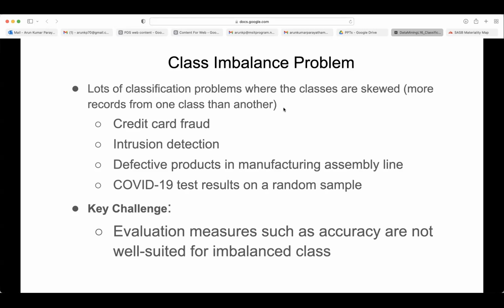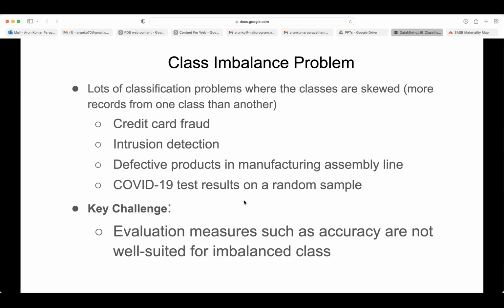There are lots of classification problems where the classes are skewed, with more records from one class than another. In credit card fraud, frauds are very minimal. Similarly, intrusion detection, network intrusion or any other system intrusion: intruders are a very small number compared with normal users. Defective products in a manufacturing assembly line are the same; defective products are very minimal compared with good products.